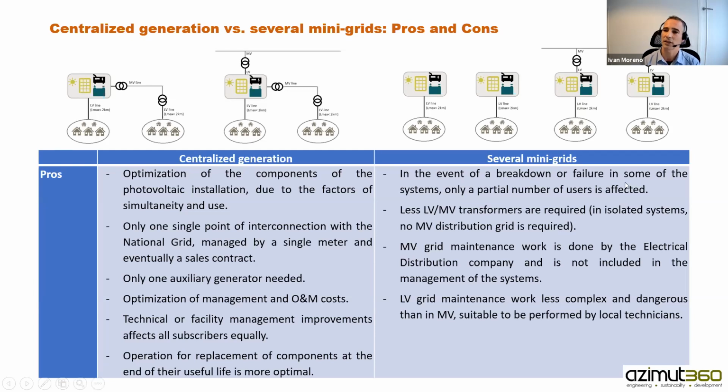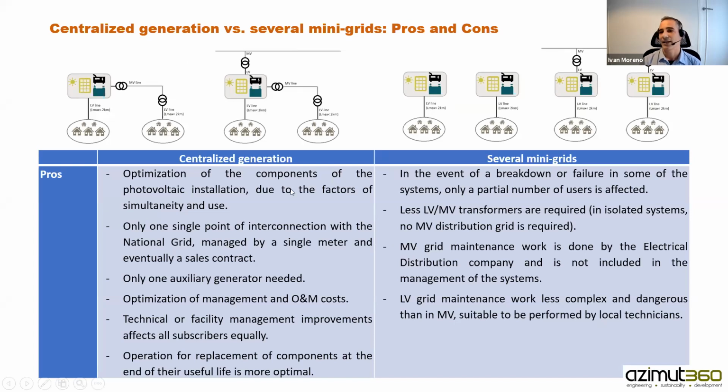In the other model, if there is a breakdown or any kind of important failure, you lose all the plant, or you have a big problem with that plant. So all the villages are affected by this breakdown. This is a good point for the mini grids.